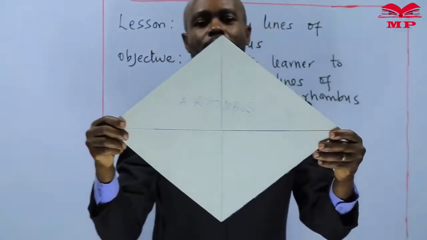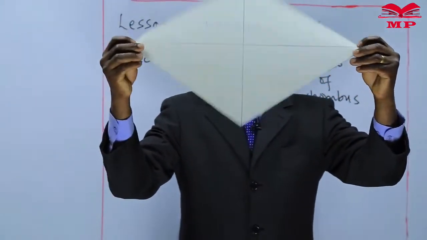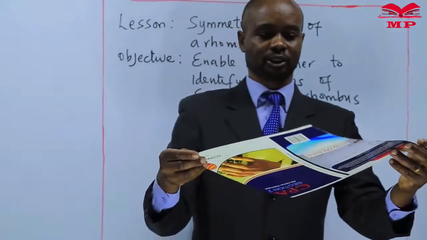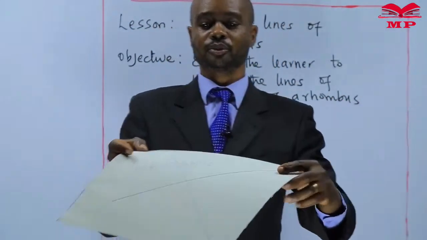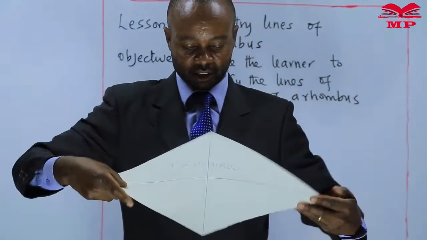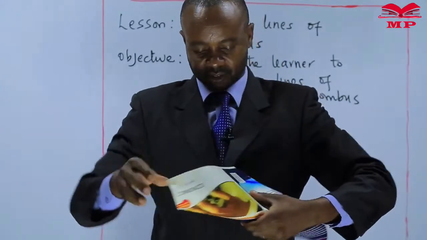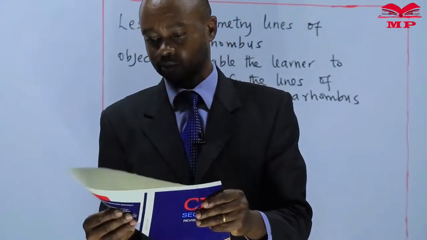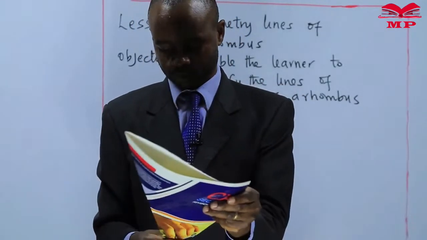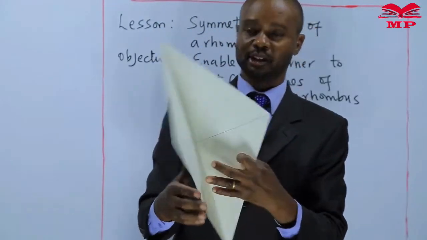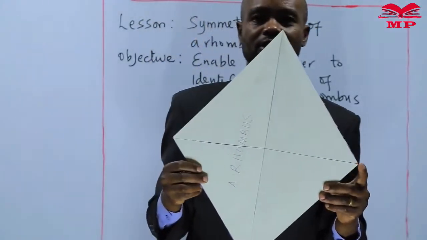So we want to go step by step and look at how many lines of symmetry we can get. I'll fold it along the longest diagonal. I've folded it along the longest diagonal. And yes, is that a line of symmetry?